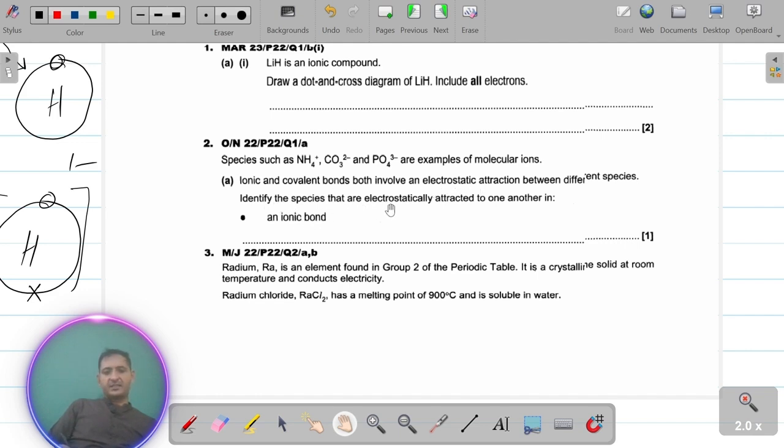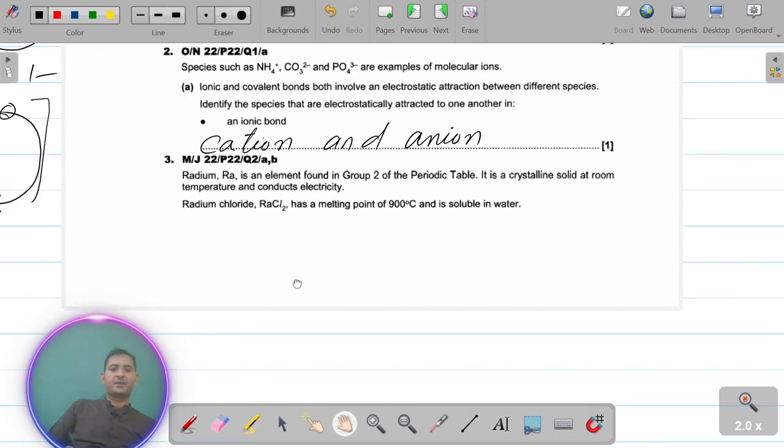Identify the species that are electrostatically attracted to one another in ammonium carbonate and ammonium phosphate, which have ionic bonds. In an ionic bond, one of the species is a cation, which is a positively charged ion, and the other is a negative species known as an anion. These are the two species. The cation is positively charged, the anion is negatively charged, and in an ionic bond they are attracted to each other.